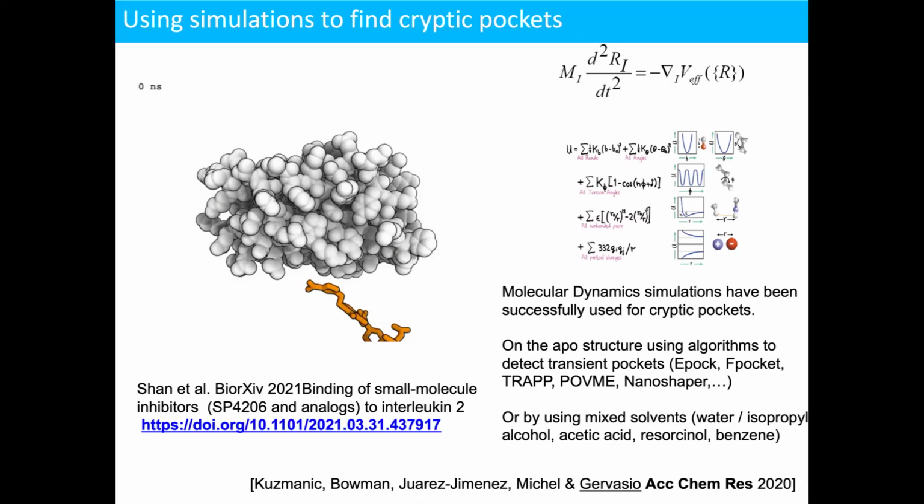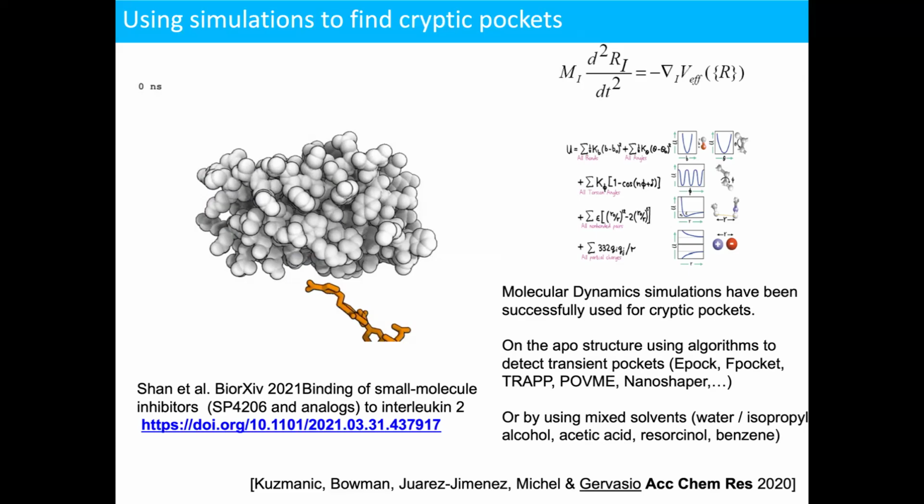So even if you run, nowadays you can do tens of microsecond long simulations, you don't see the opening of the cavity. And this is because in many cases there is an important component of induced fit in the opening of the cavity. Of course, whether the mechanism of opening of this cavity is induced fit or conformational selection is still an ongoing discussion, and it could be different for different cases. But we have several hints, also from simulations, that actually there is an important component of induced fit.